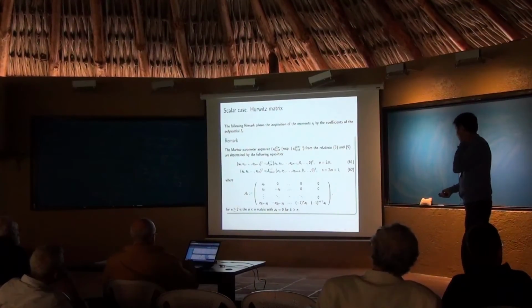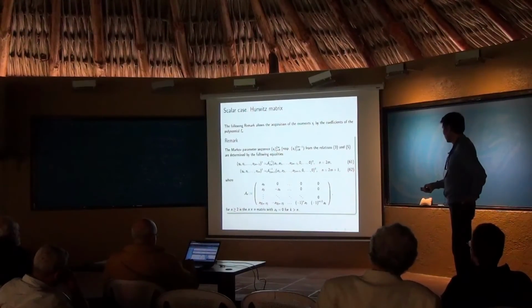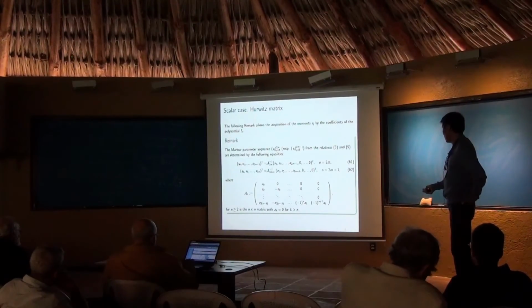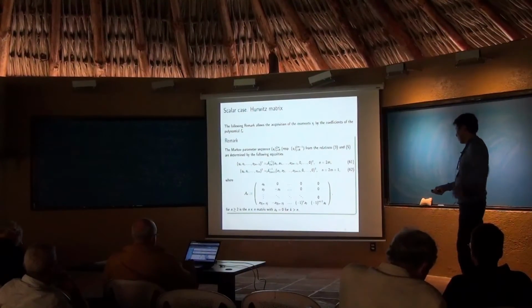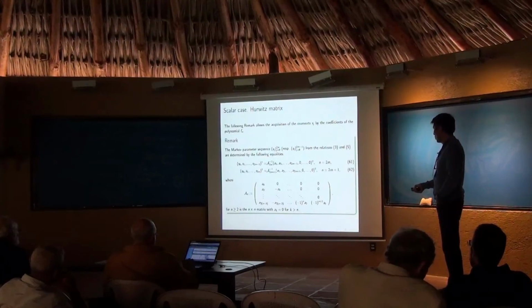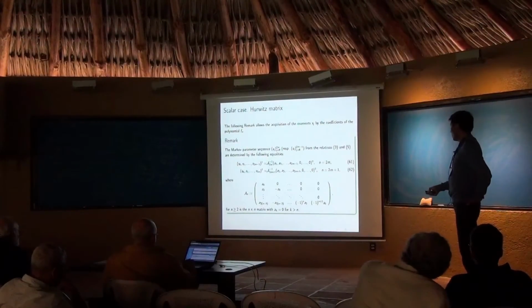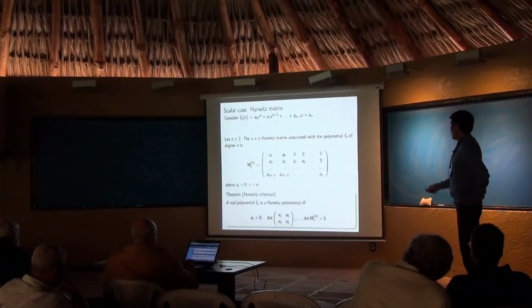I should say that for the even case, it was written in the 60s already, but the odd case is new because it is a consequence of our results. Now we have this connection between these moments, and we can write this theorem.